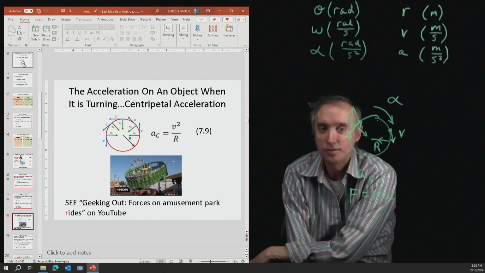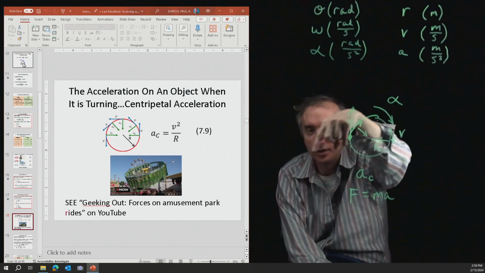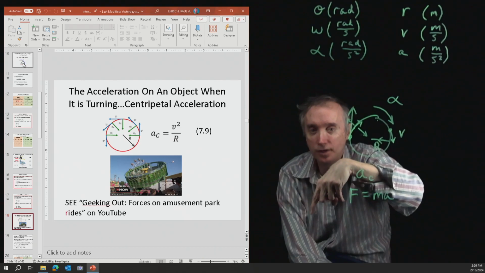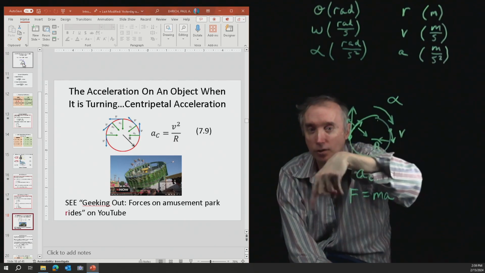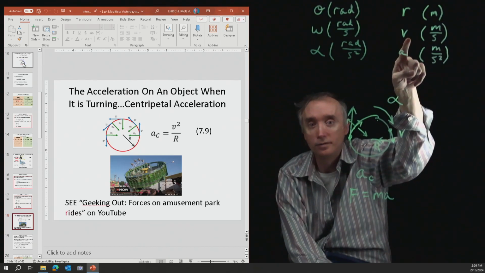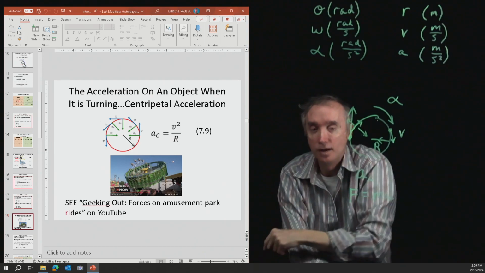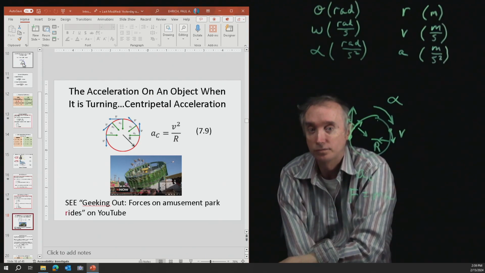You've got these people standing on the edge of that green cylinder. The green cylinder starts going around and around with a certain linear speed, and that green thing has a certain radius.